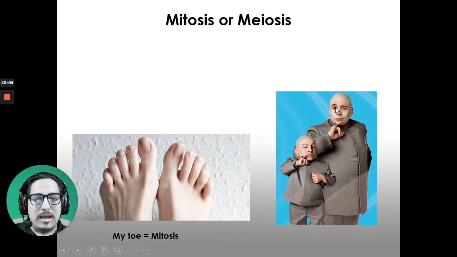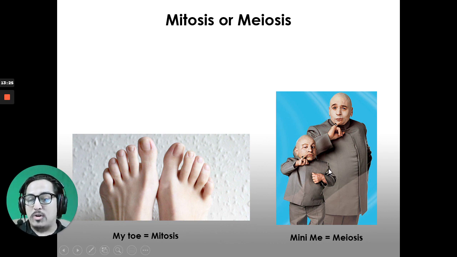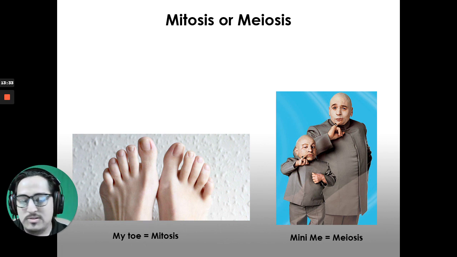And then on this side we have, do you guys know what this little guy is called from this movie? Mini-Me. Mini-meiosis, right? Mini-Me is meiosis. Why? Because you're making a baby. When you make a baby, you have to use a sperm or egg, and that's going to help you make a little baby that hopefully looks like you or your wife, right? Or husband, whichever your gender.